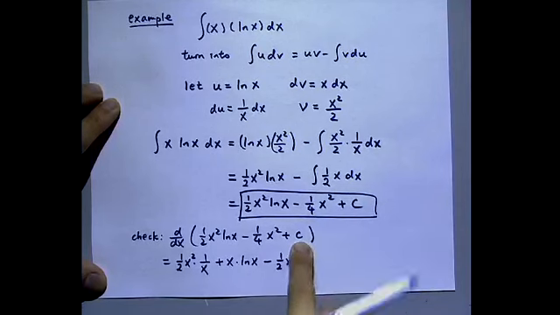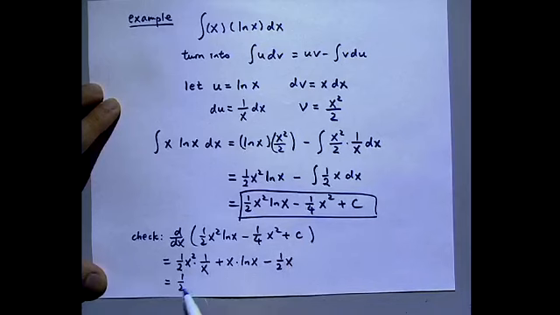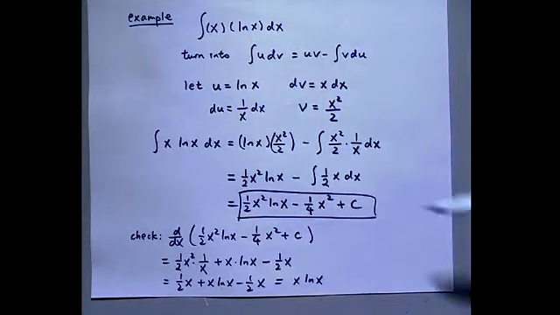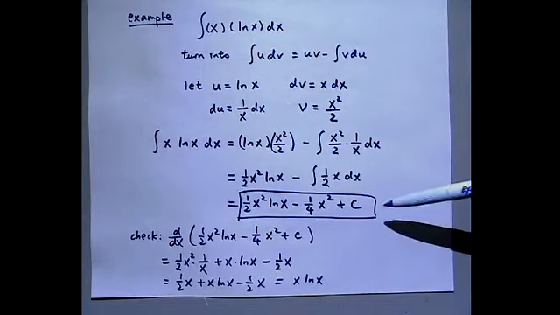See the constant goes away. One half x cancel out, and we get x ln of x, which is what we started with. So therefore, this is the right answer. We got the right answer here by performing the process of integration by parts.